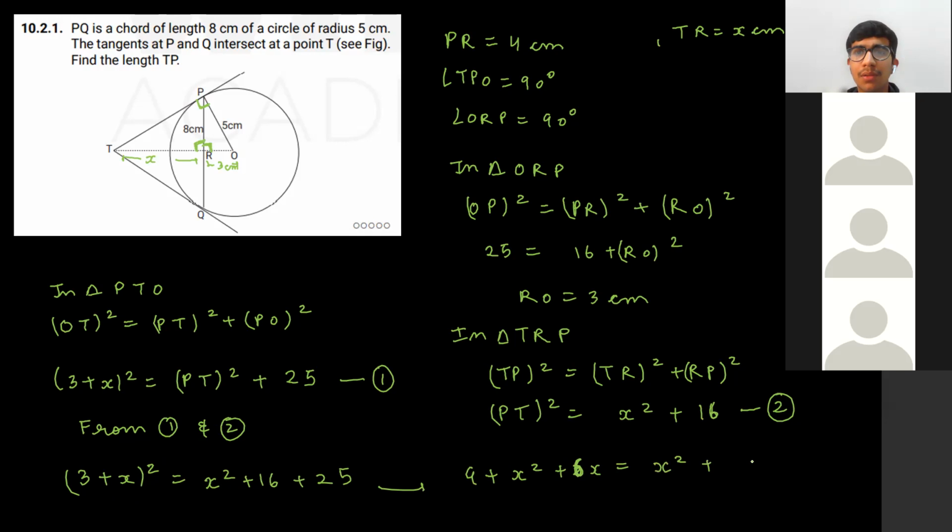How much is that? 41, right? X square cancels out. It will be 32. X will be equal to 32 divided by 6, so 16 by 3 exactly. X is equal to 16 by 3.